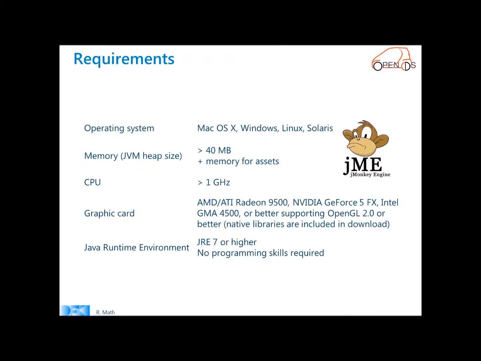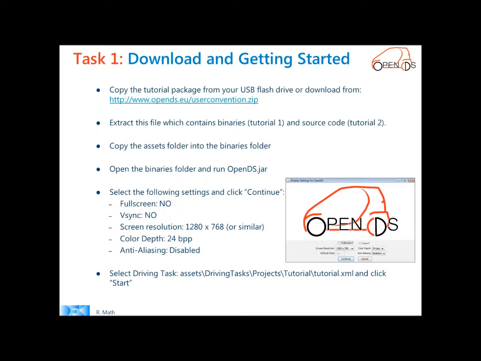So the experience shows that computers that are, let's say, not older than 3 years perform well with our simulator. And of course, you need to install a Java runtime environment. I recommend the newest one, 7 or higher. Yes, as already mentioned, for this tutorial, you won't need any programming skills at all.